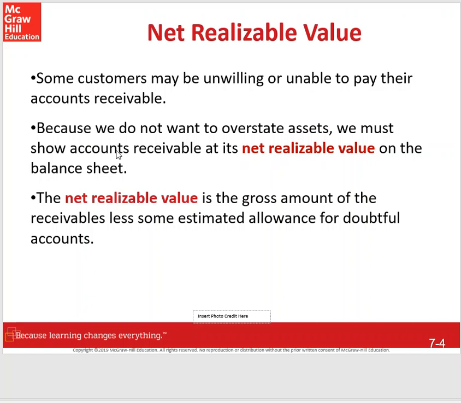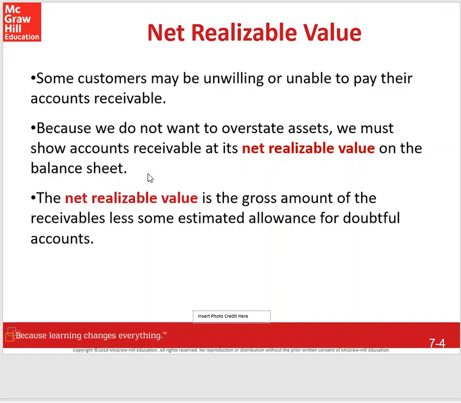We've talked about the idea of not overstating assets on our balance sheet before. We never want to overstate our assets. And here they're reminding us, because we do not want to overstate our assets, we must show our accounts receivable at its net realizable value on the balance sheet. And put in simple terms, that means what we actually think we're going to collect.